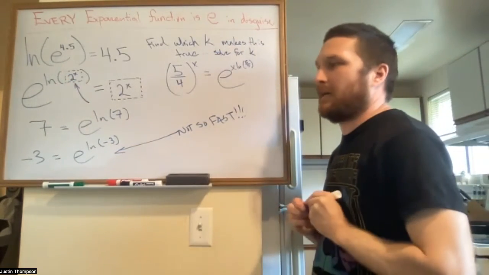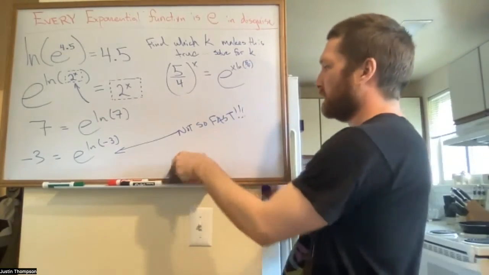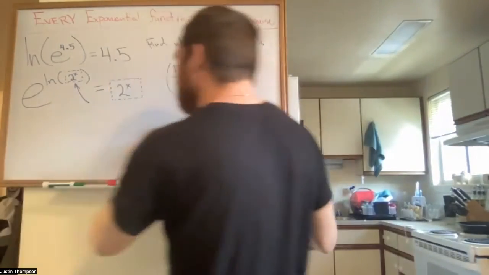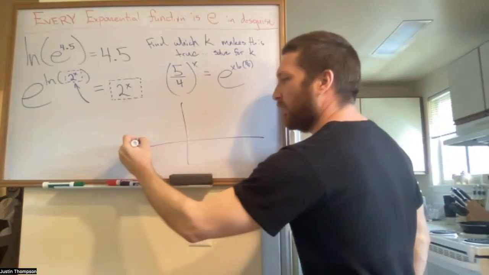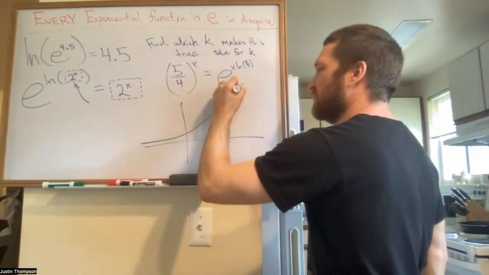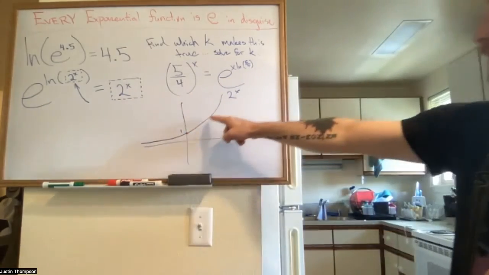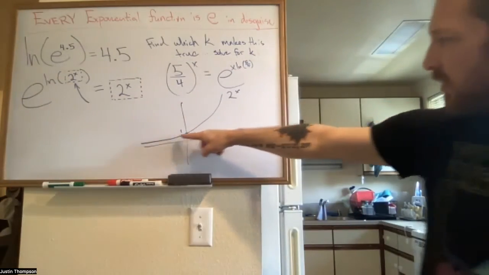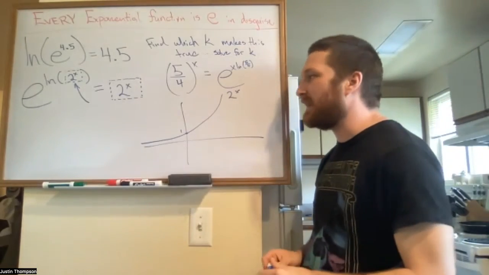Is 2 to the x ever a negative number? No, it's not. And just to be perfectly clear about that, let's just look at 2 to the x. This is 2 to the x, goes through here at 1, right? It's always positive that way. We never have to worry about 0. We never have to worry about a negative number.